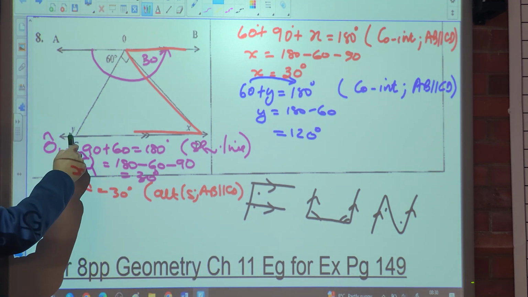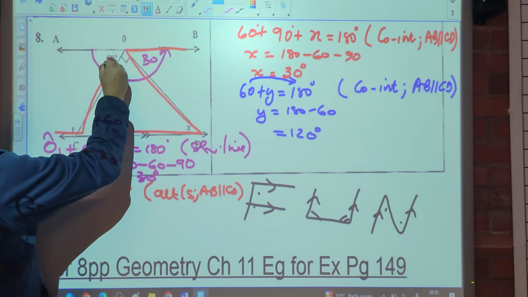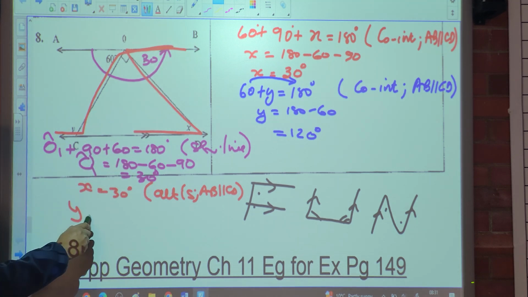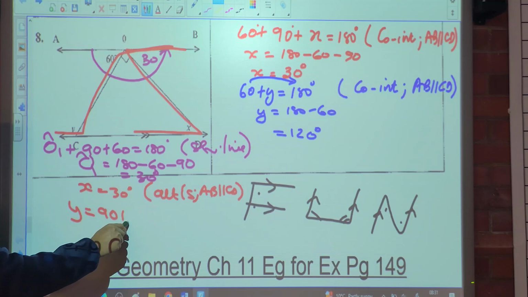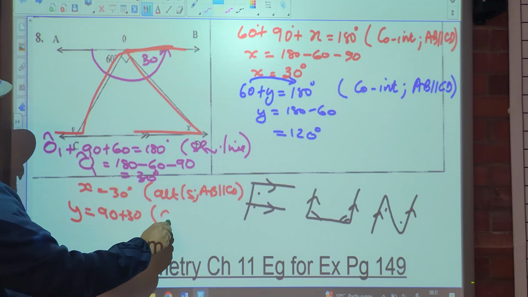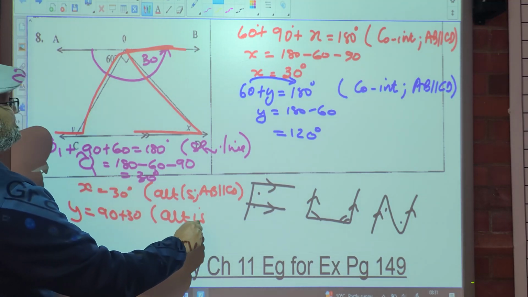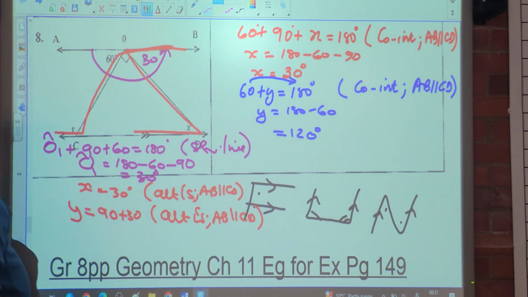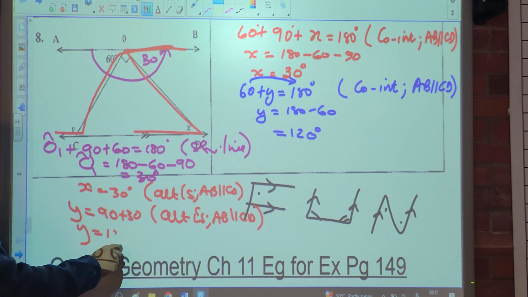And then I would have gone with Y. I could have gone with alternate angles here. So Y is equal to 90 plus 30, because it's alternate angles with AB being parallel to CD. And then Y is again 120.